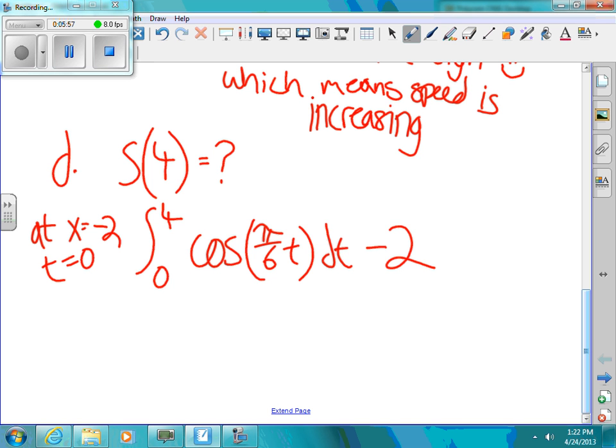So then we can move the negative 2 outside of the integral because it is a constant.